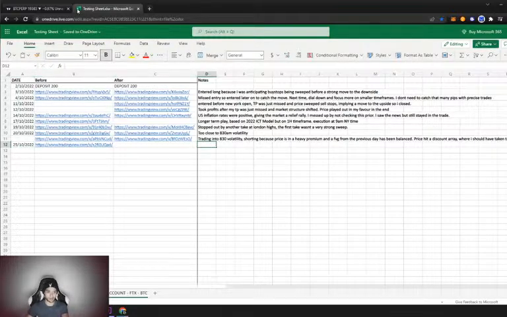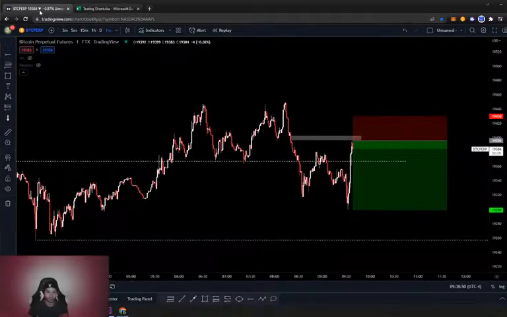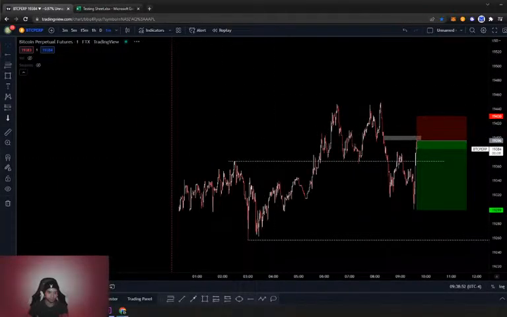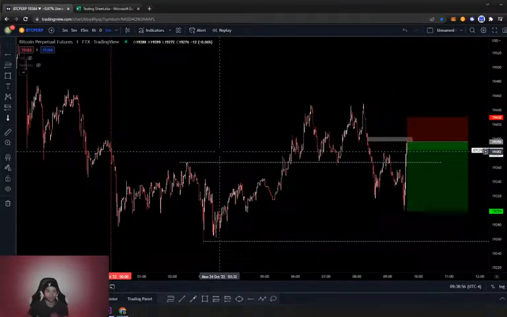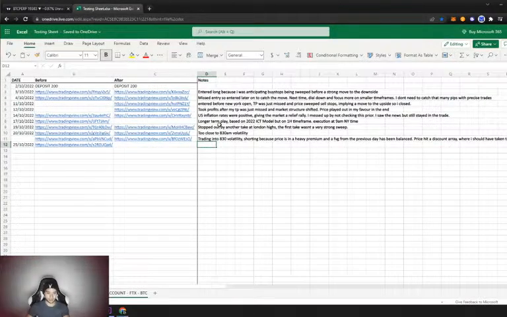Before. Now I can do my little markup. So what are the main points? Like, what made me take this trade? So I'm going to do this. Daily short bias. London highs swept.